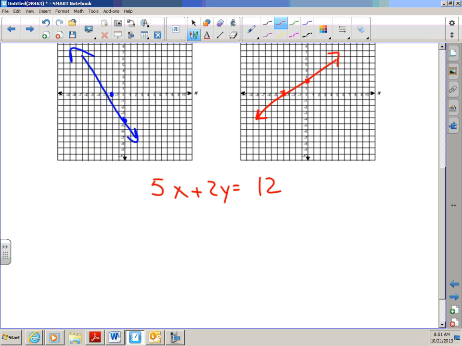And so that's one of the downsides to using the x and y intercept. So as long as you have multiple ways to do things, you can figure out which one is the best to use, and that'll be helpful to you. We eventually will get to showing you how to do this on the graphing calculator.